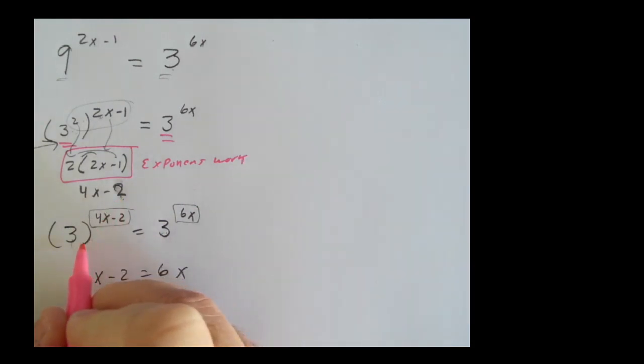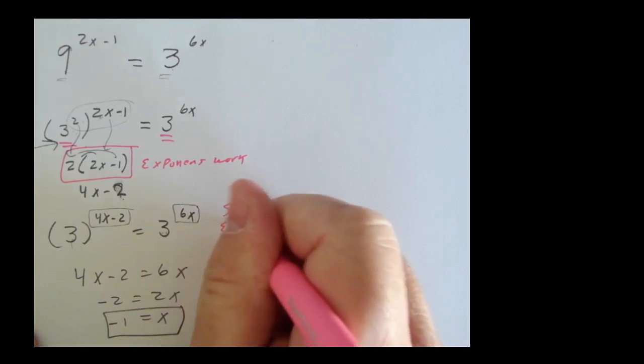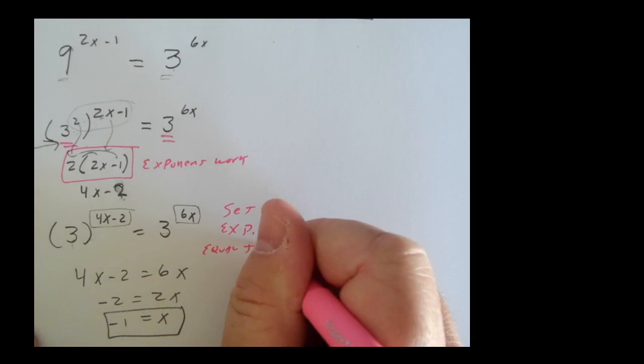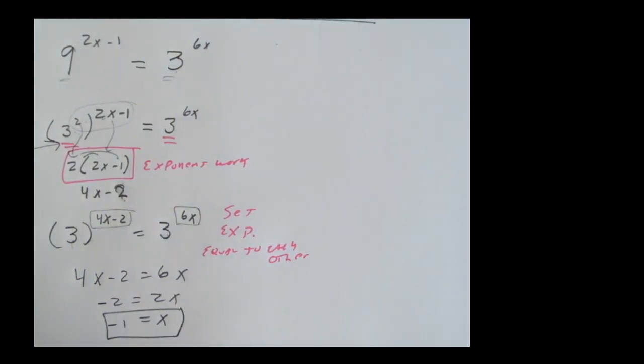And then once we have common bases, set the exponents equal to each other. Okay? So those are the main points to this.